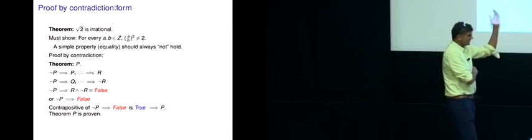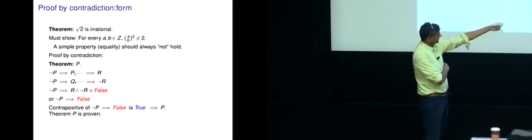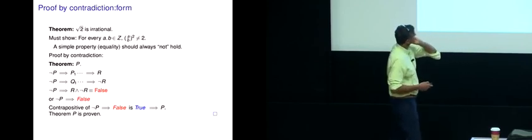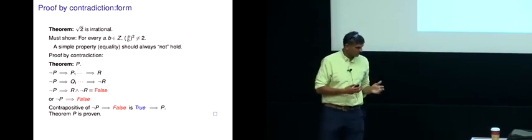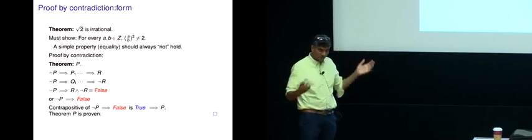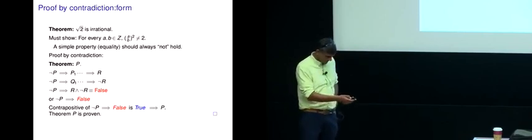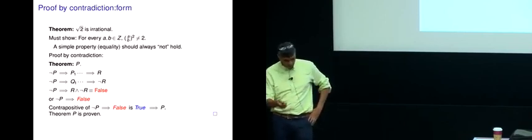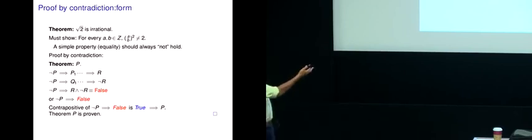So this is what you want to do. You're starting with nothing. True is just nothing, no statement, and then you're saying P is true. That's the proof technique. That's a blow by blow, play by play of the format. So we're going to assume not P.